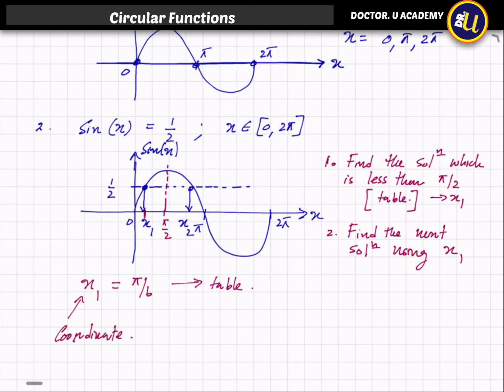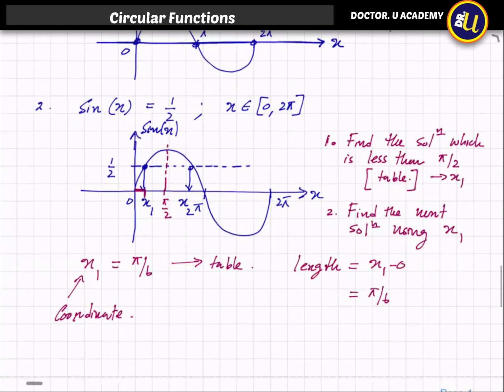x1 is the coordinate. Now since it's starting from 0, what about this horizontal length? That length would be x1 minus 0, right? So that would be pi divided by 6 again.